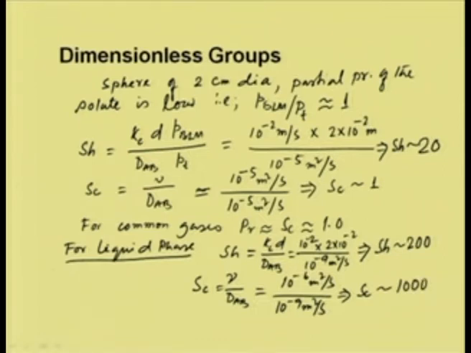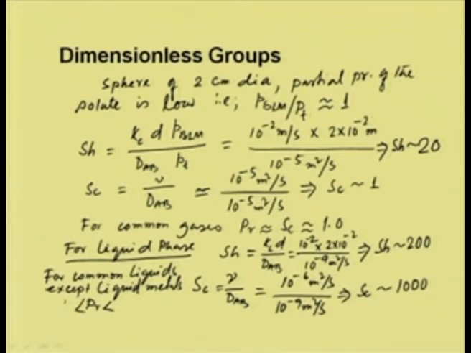So, for common liquids, except liquid metals, the Prandtl number is in the range of greater than 10 and less than 100. For the same case, the Schmidt number is greater than 400 and less than 10 to the power 4.